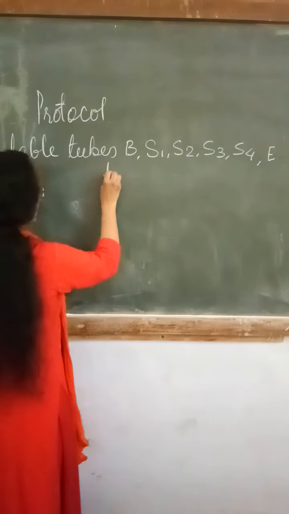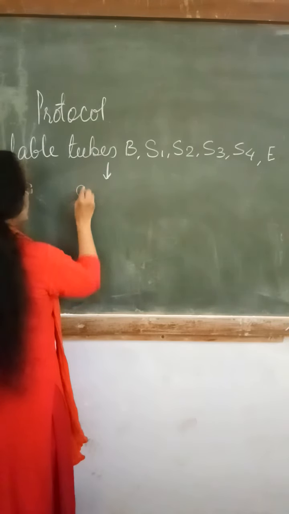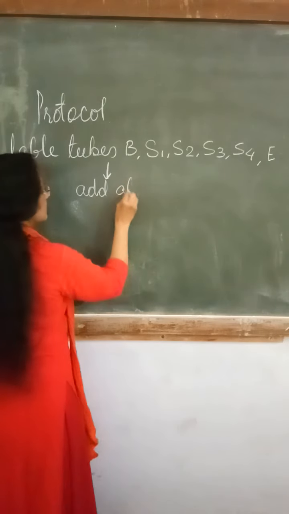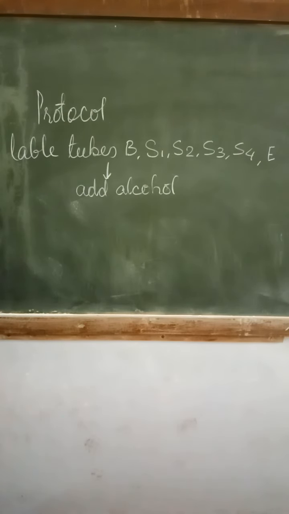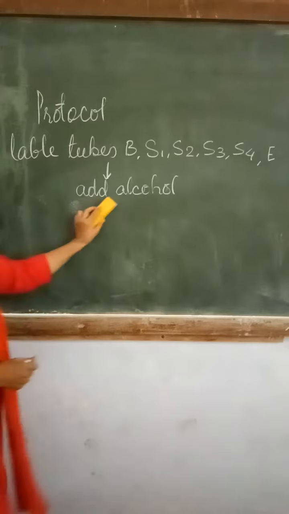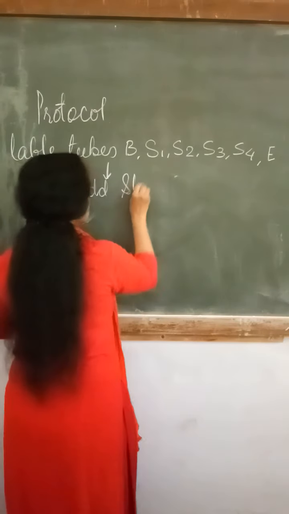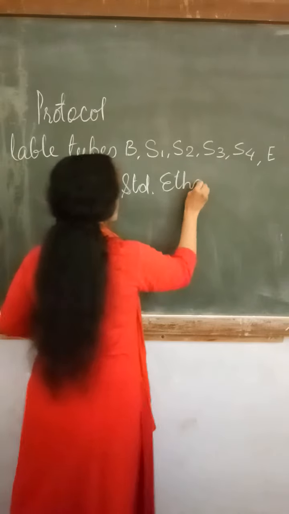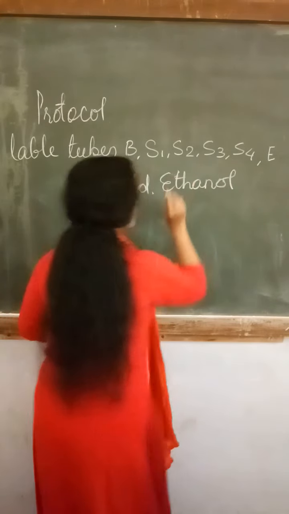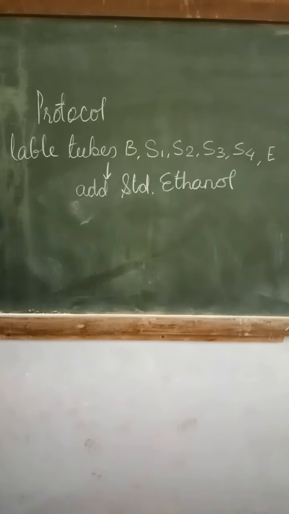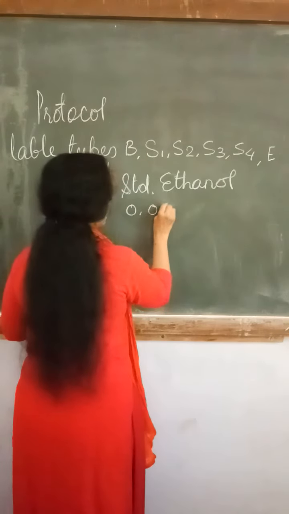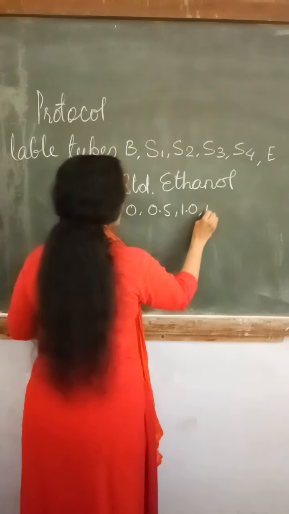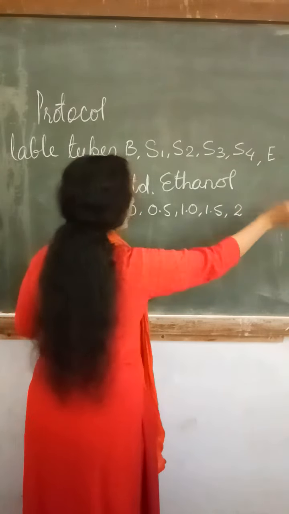Now after labeling, you add the aliquot of the alcohol. This will be our standard ethanol, so add standard ethanol in these quantities: 0, 0.5, 1, 1.5, 2, and in that way.